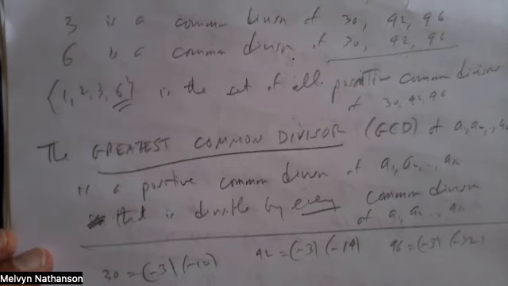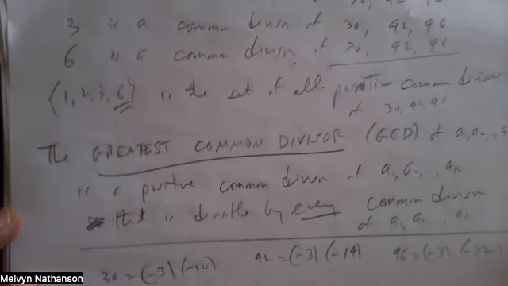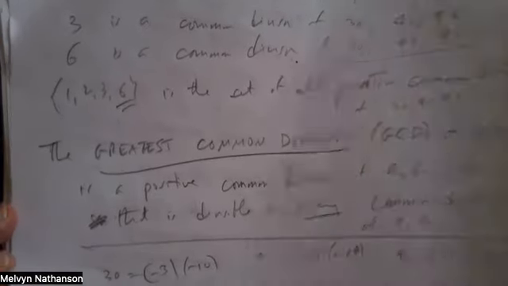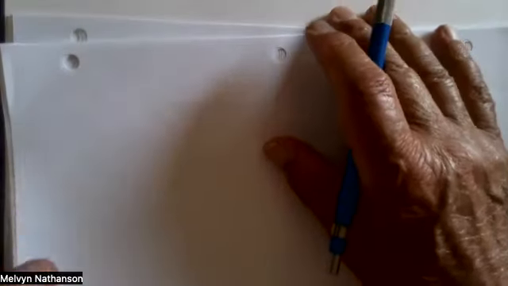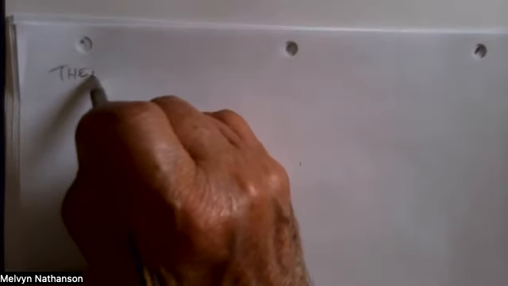Okay, now we're going to use the theorem about subgroups of the integers to prove a very beautiful representation theorem for greatest common divisors. So this is the following theorem.